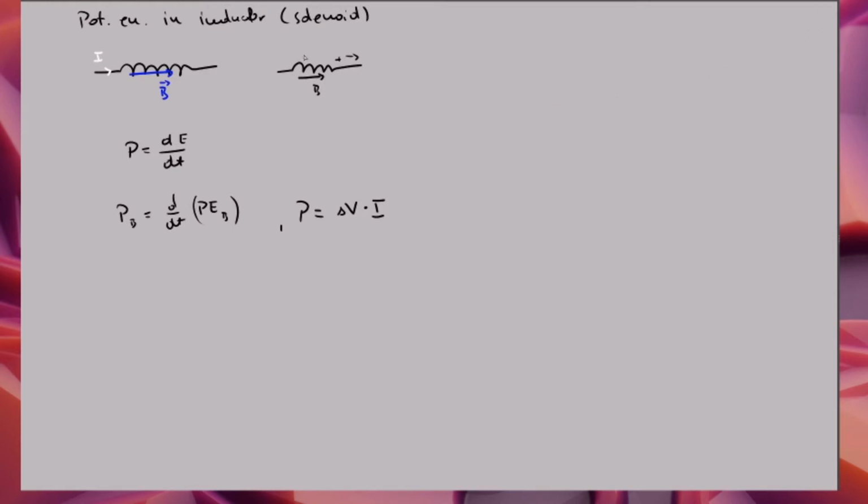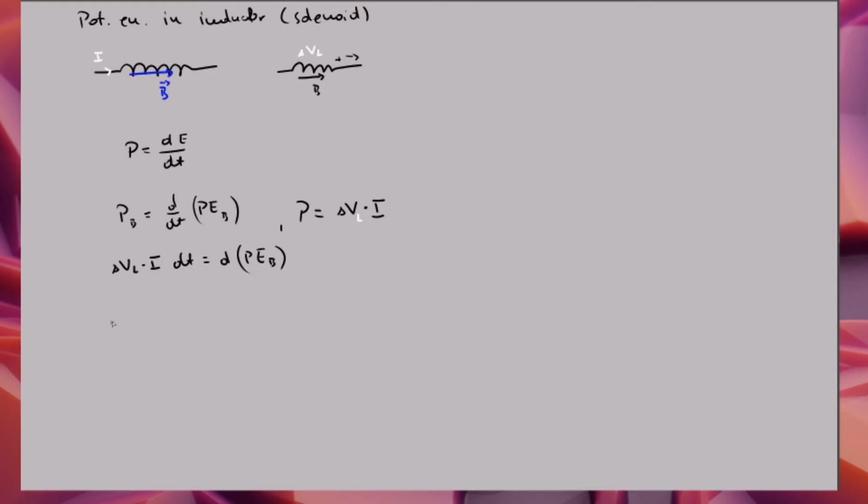And there's some voltage here, delta V_L. So if we're looking at an inductor, then I'm going to put V_L here. And then what I can do is write this as voltage across the inductor times the current through the inductor, dt, equals d of the potential energy in the magnetic field. And now I can integrate. So I guess I can take one more step.